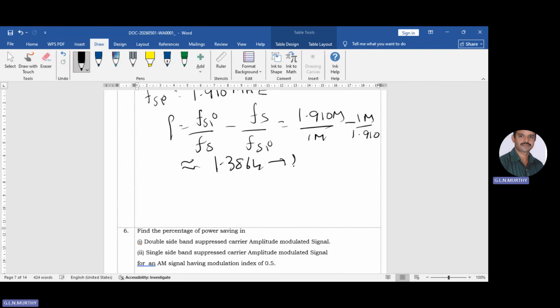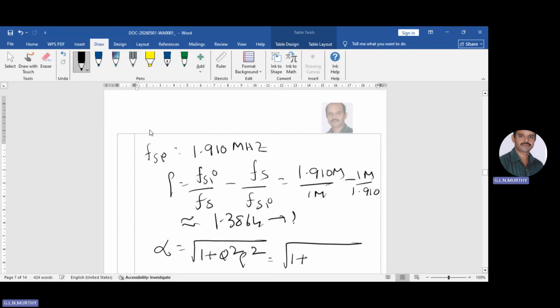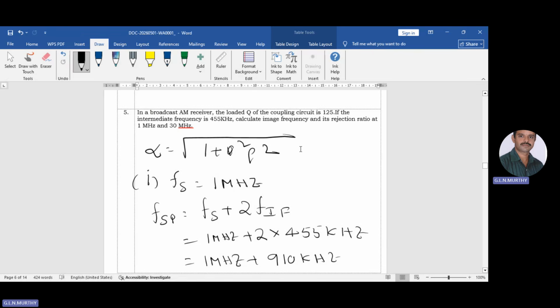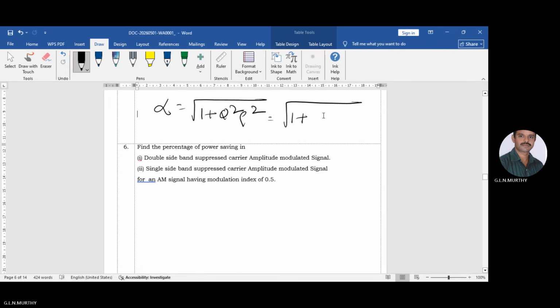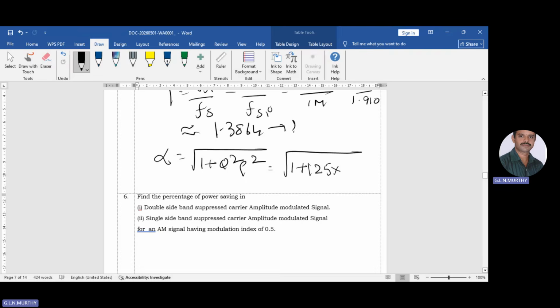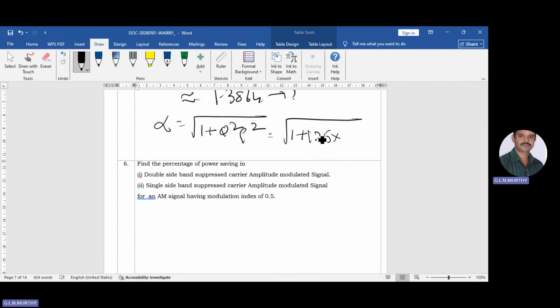Once it is obtained, the value of alpha is root of 1 plus Q square rho square, equals root of 1 plus, the Q value given is 125, and the rho value we got is 1.3864, roughly 1.38, whole square.